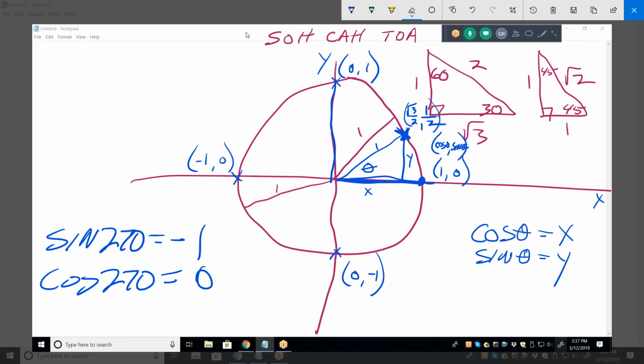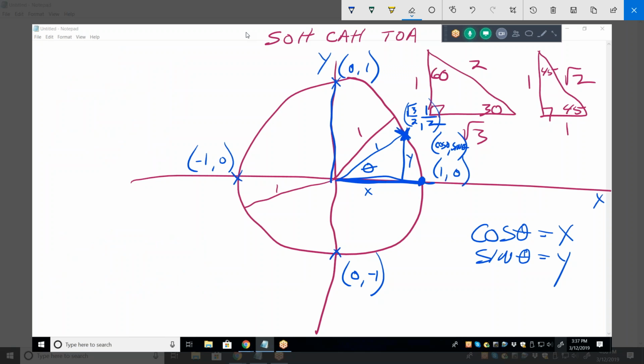Now, the ones we want to talk about are the ones that are not in the first quadrant. Okay? All right, so first of all, let's label our quadrants in blue. 1, 2, 3, 4.